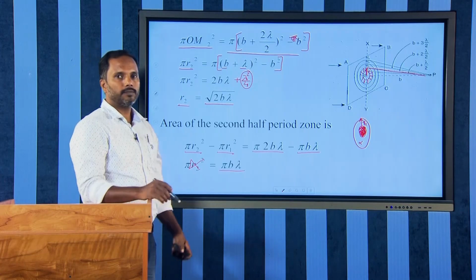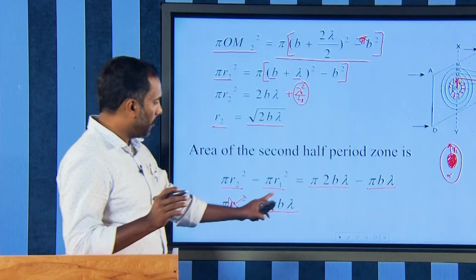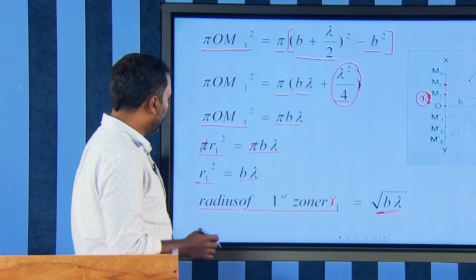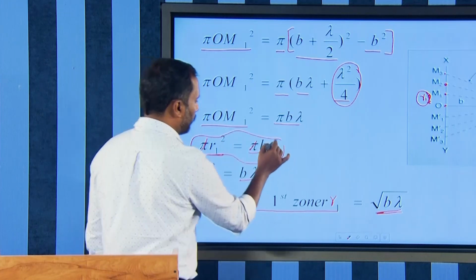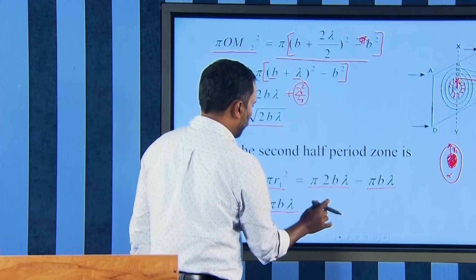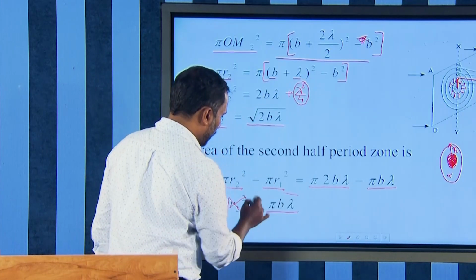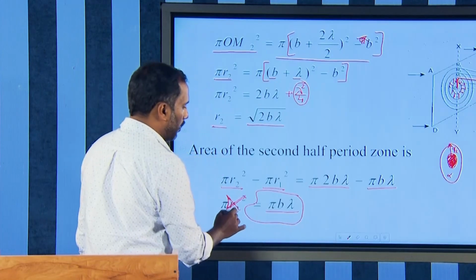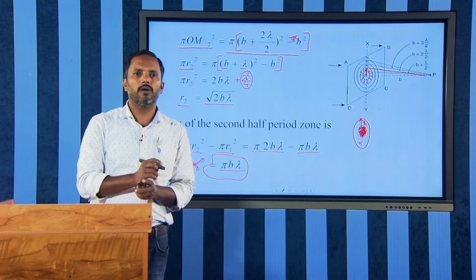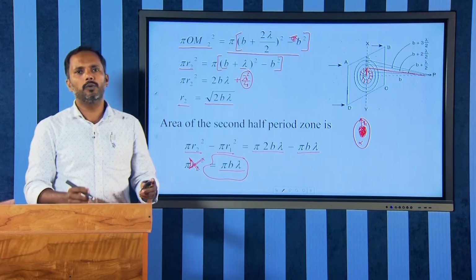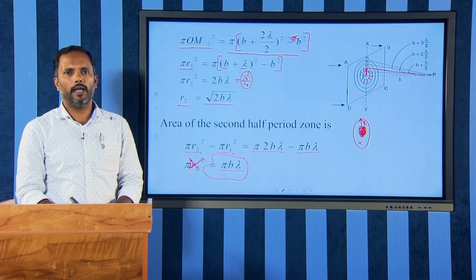So, this is the area of the second half period zone. We have already derived the formula for the first half period zone as pi b lambda, and again we have derived the area of the second half period zone as pi b lambda, that is, the area of each half period zone is equal, equal to pi b lambda.